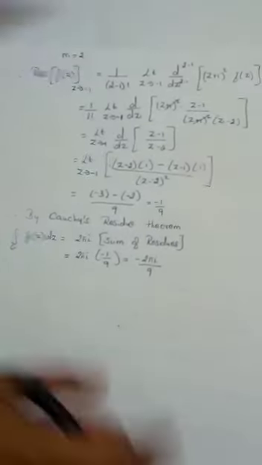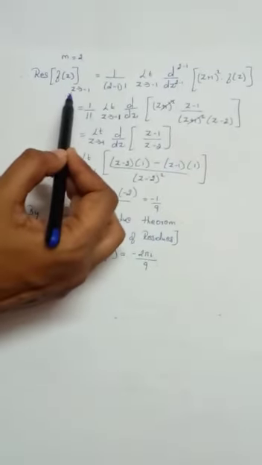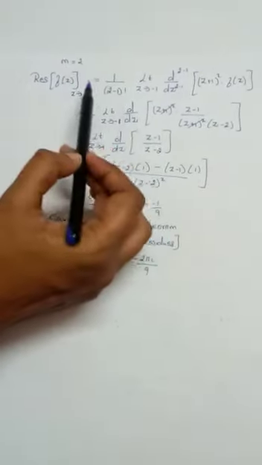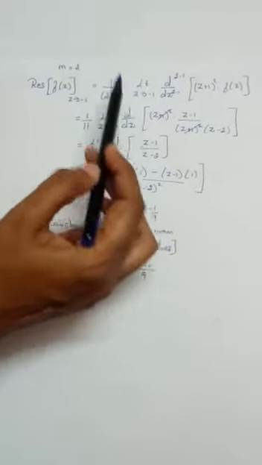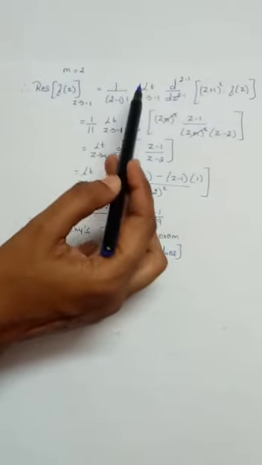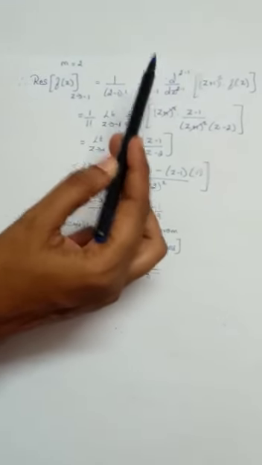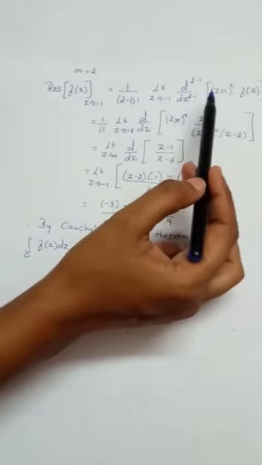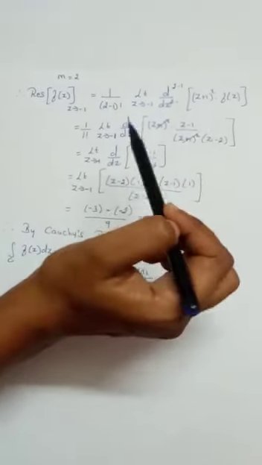Now, the residue of f of z at z tending to minus 1. Here, the order is 2. So, we already know the formula. It is 1 by (m minus 1) factorial, limit z tends to z naught, d power m minus 1 by dz power m minus 1, of (z minus z naught) power m times f of z.